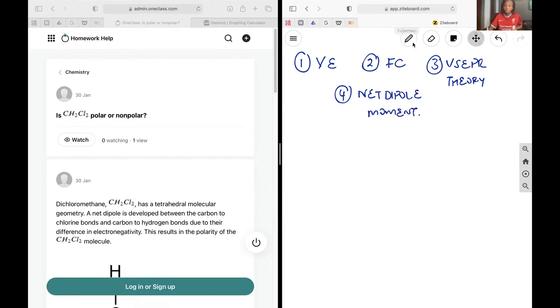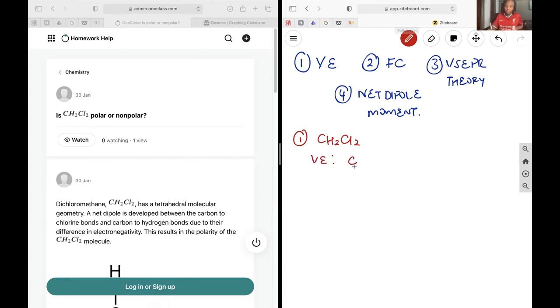Okay, so for this one, as I said, let us begin with the valence electrons. So I have CH2Cl2.